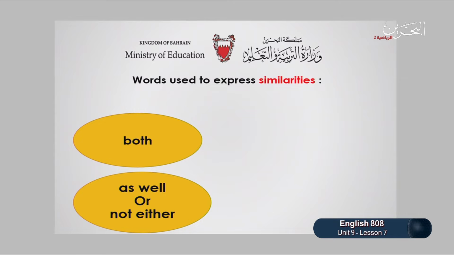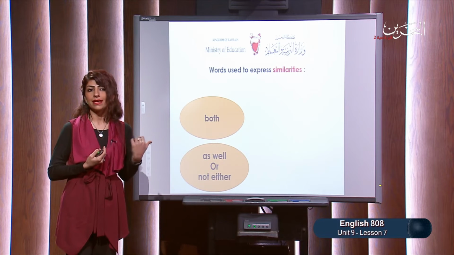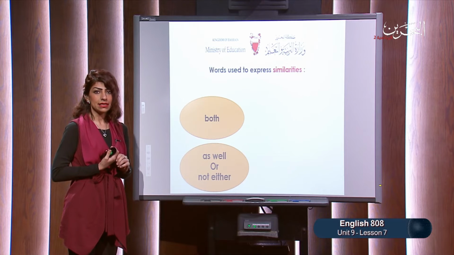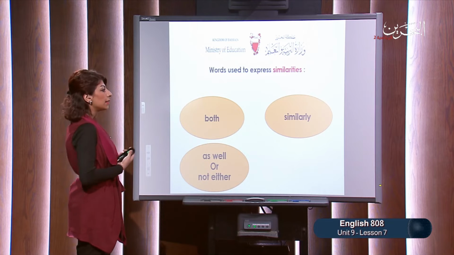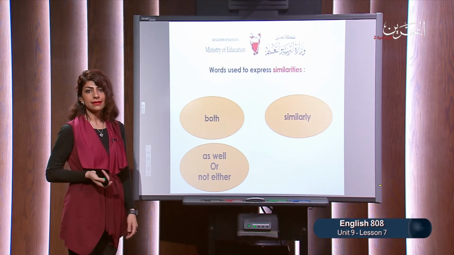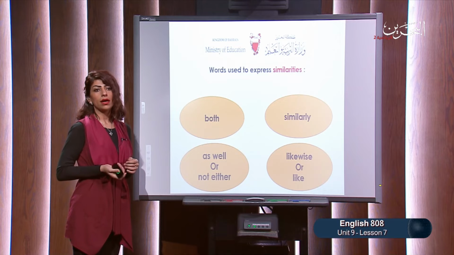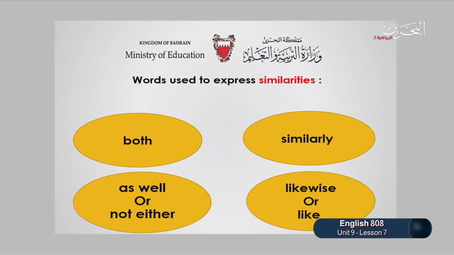For example, let me replace both at the first example with as well. I could say English test was very easy as well as Arabic. Similarly, again, it indicates the similar ideas. Likewise or like. These expressions are used to express similarities.